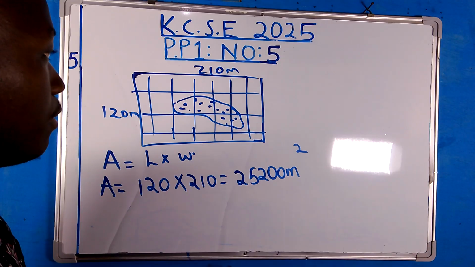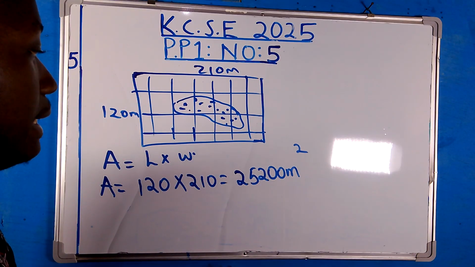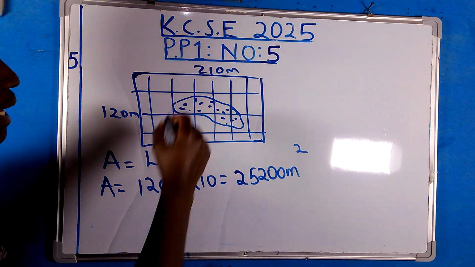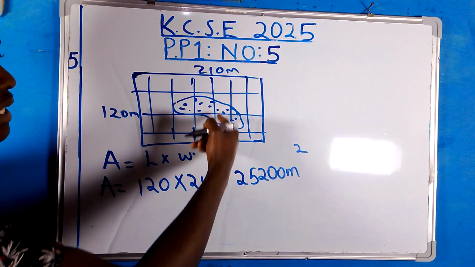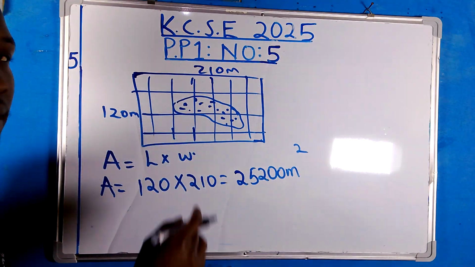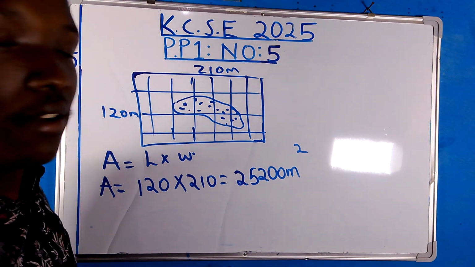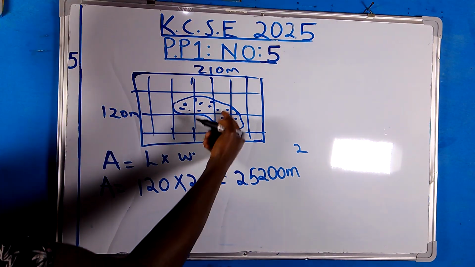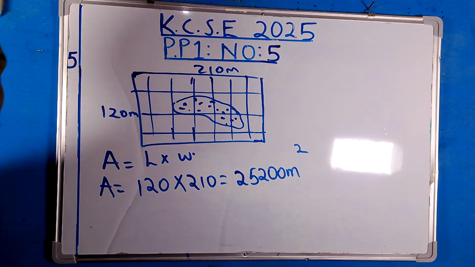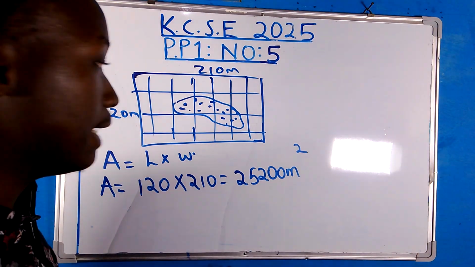So the next thing we can do is determine the area of the shaded region, and since this is an irregular figure, we determine its area by what we call the counting square technique.